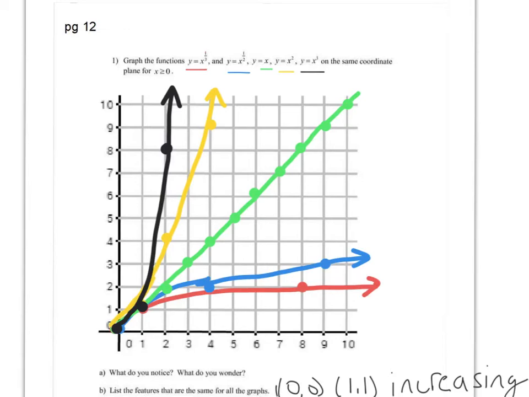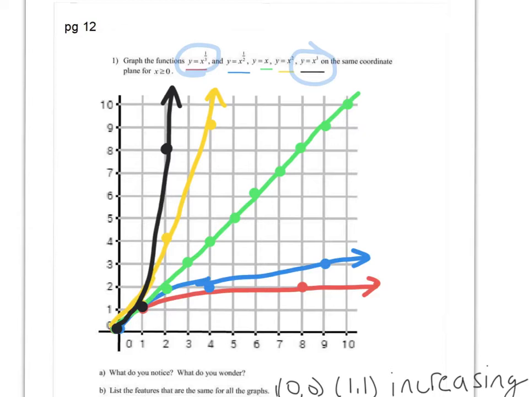Another difference is the inverse functions. So x to the 1/3 and x cubed are inverses of each other. They undo each other. Their graphs reflect over the line y equals x.